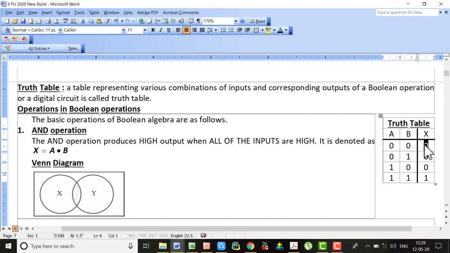The second output is 0, and the corresponding inputs are 0 and 1. Correct? The third output is again a 0, and the inputs are 1 and 0. The fourth output is 1, for which the inputs are 1 and 1.